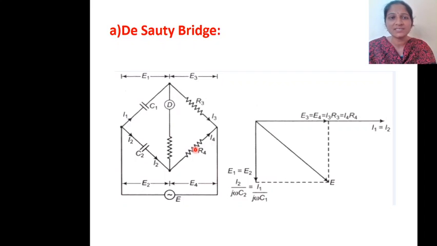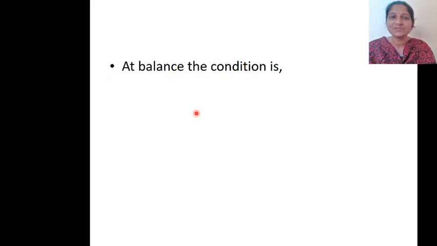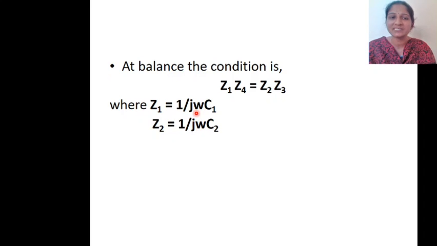As we all know, the product of opposite branch impedances is equal to the product of the remaining 2 opposite branch impedances. That is Z1 Z4 is equal to Z2 Z3. Now substituting all these, Z1 is equal to 1 by j omega C1, Z2 is 1 by j omega C2, Z3 is equal to R3, Z4 is equal to R4.